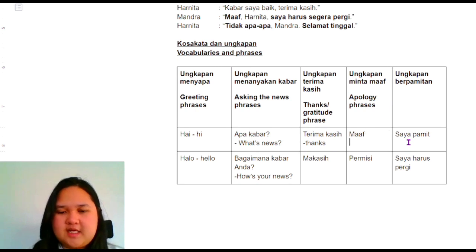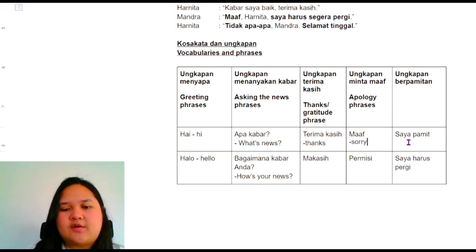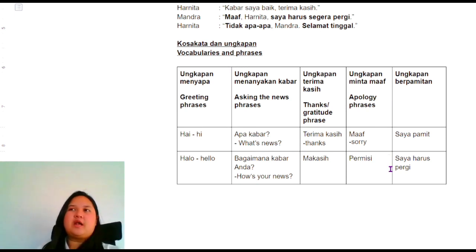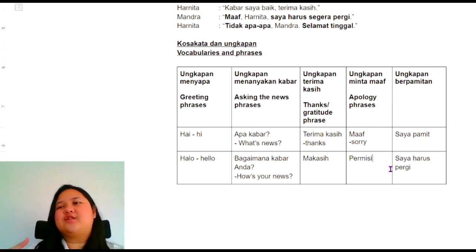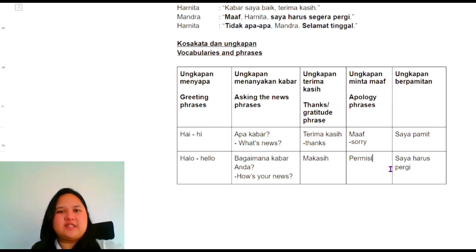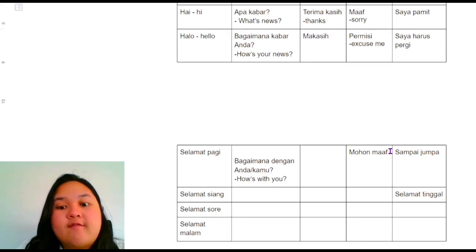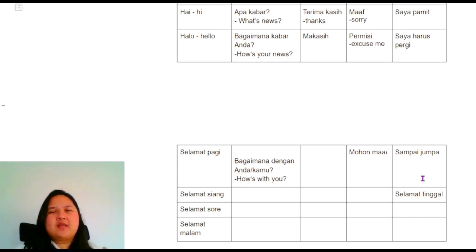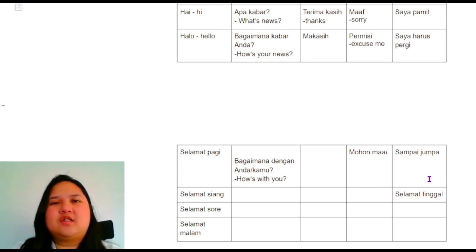Maaf would mean sorry, literally, yeah, sorry. And then we have permisi. Nah, permisi is more like excuse me. For example, you have to pass through a person in front of you. And the last one we have mohon maaf. Mohon maaf is a deeper meaning than just saying sorry.